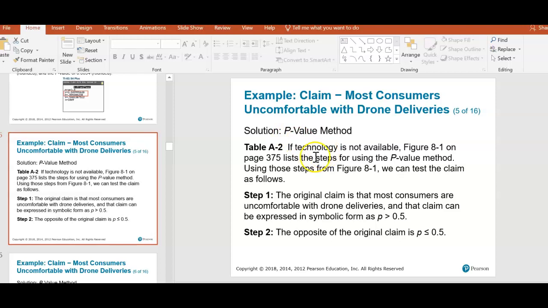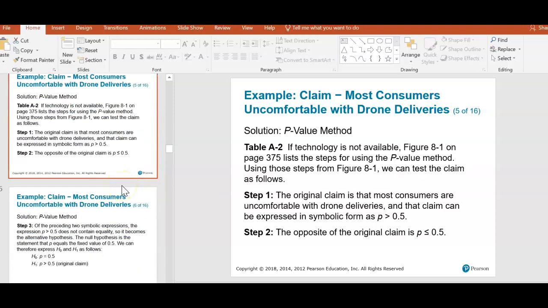So, solution by the p-value method. We did technology. So basically we're going through the steps. The original claim is that most consumers are uncomfortable with drone deliveries, and that claim can be expressed in the form P is greater than 0.5. The opposite of that claim is P is less than or equal to 0.5.